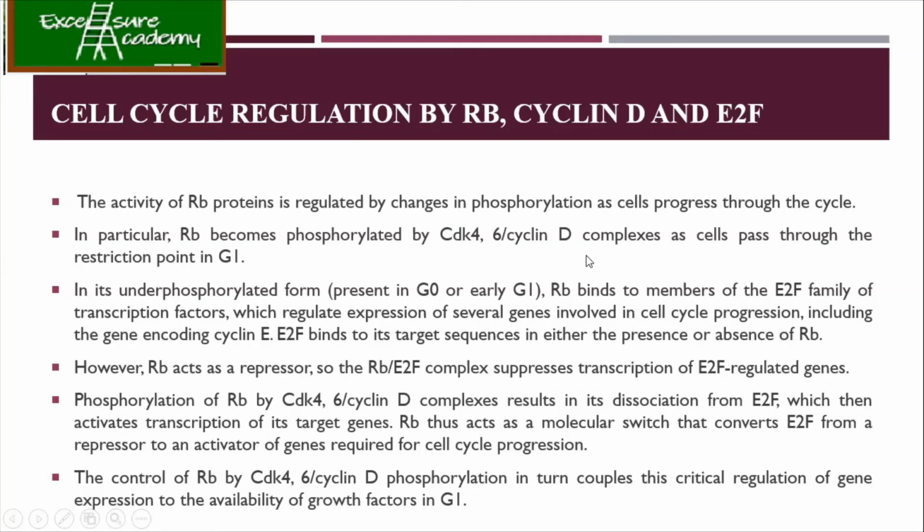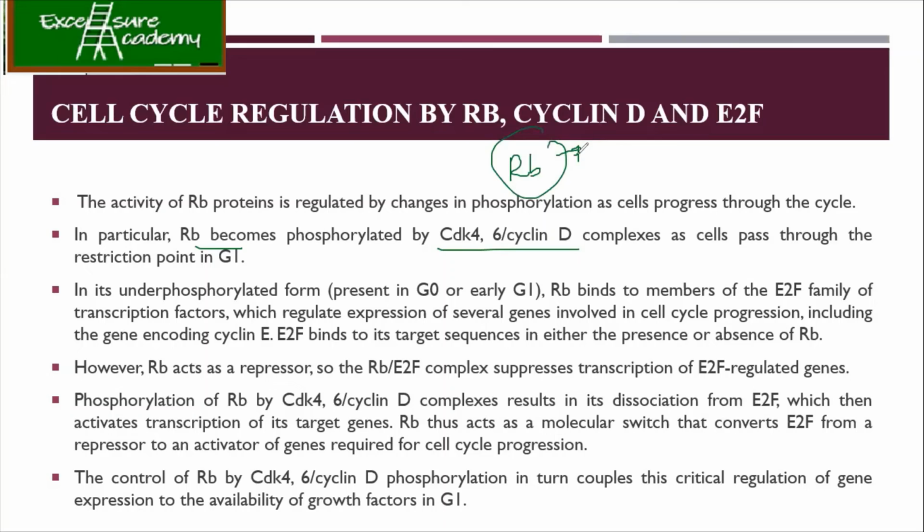So we know CDK4/6 cyclin D is responsible for the transition from G1 to S, helping cross the restriction point, the start point. So this is responsible for phosphorylating your RB. Now RB is phosphorylated.